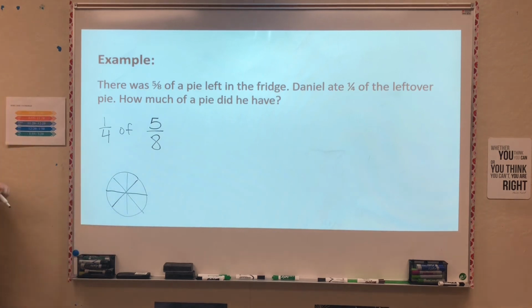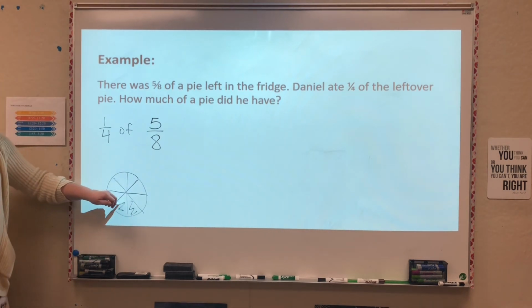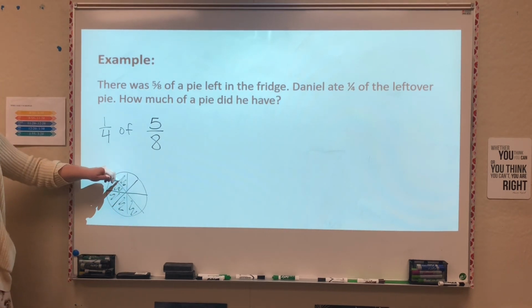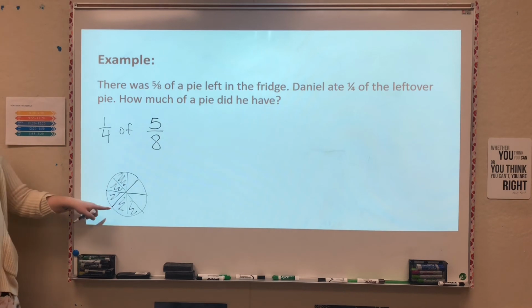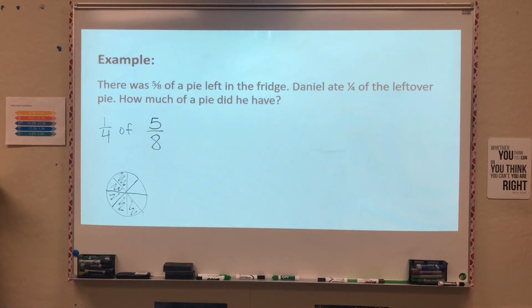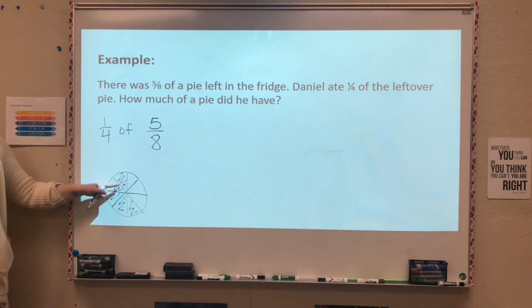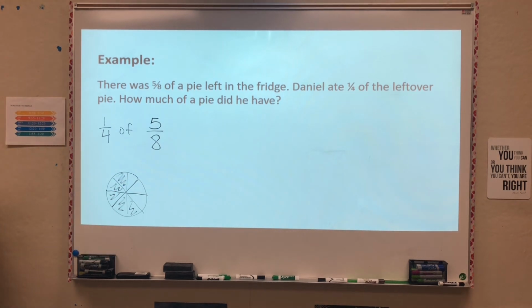So I've got 8, and he's got 1, 2, 3, 4, 5/8. And he's eating 1/4. Is that easy to draw, 1/4 of 5 slices? You can draw another one and just split it into 4. Oh no, I can't change the amount he has, so I can't switch over to 4.